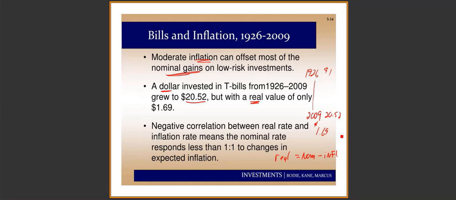And so if inflation goes up, holding the nominal rate constant, which we shouldn't do, but if we did, if inflation goes up, the real rate is going to go down. That's a negative correlation, isn't it, between the real rate and inflation? And so what they're telling us that means then is that the nominal rate responds less than 1-to-1 to changes in inflation.